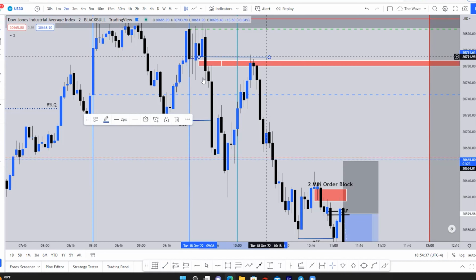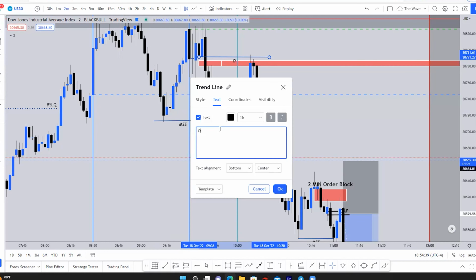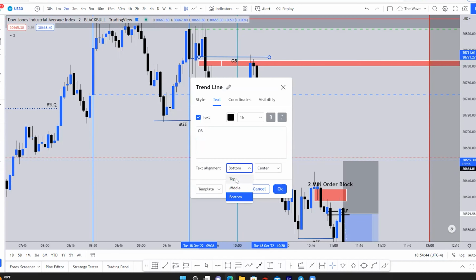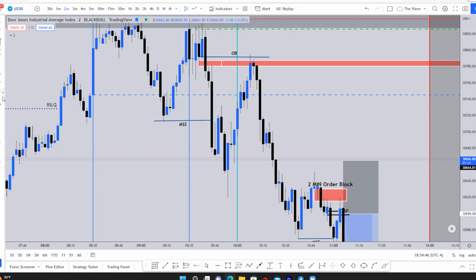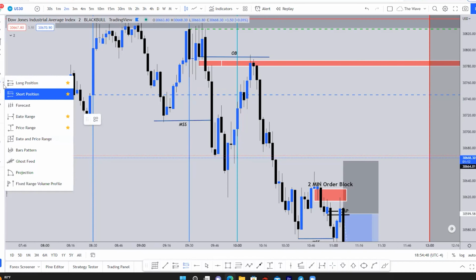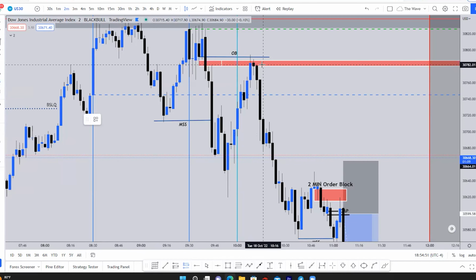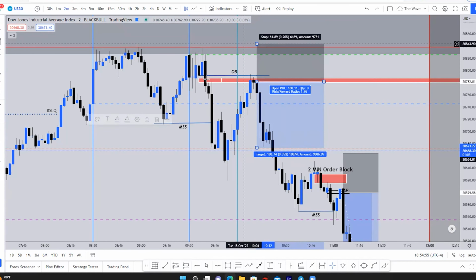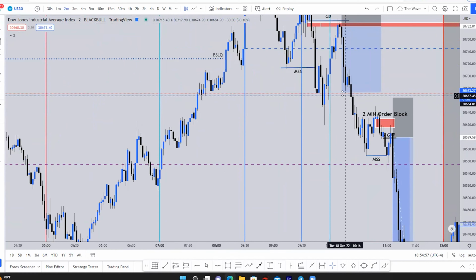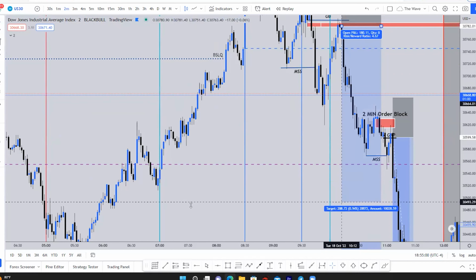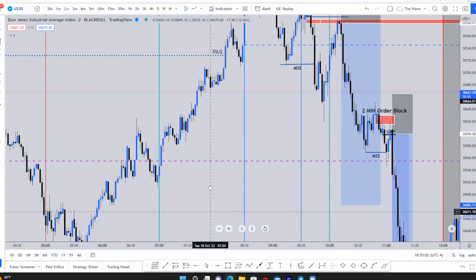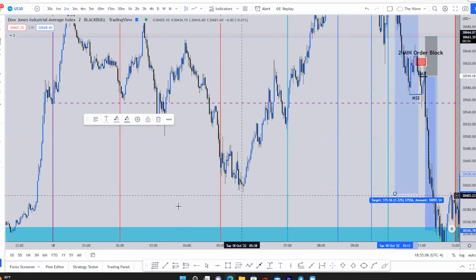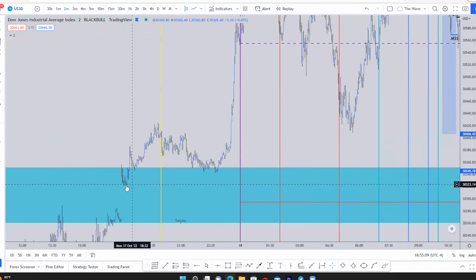So order block. And then you could have taken your shorts here, this entry with the same stops just above these highs, and then target sell side liquidity down here, ultimately all the way down to this PD array I have down here.